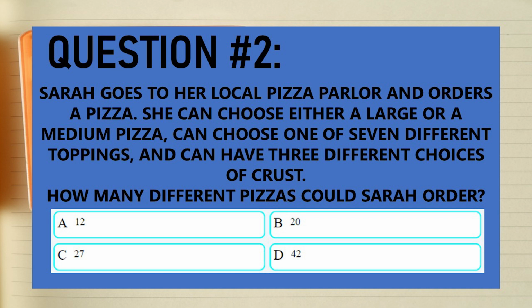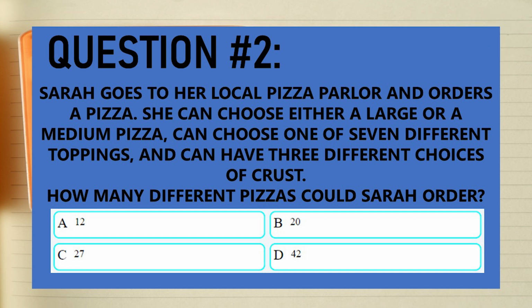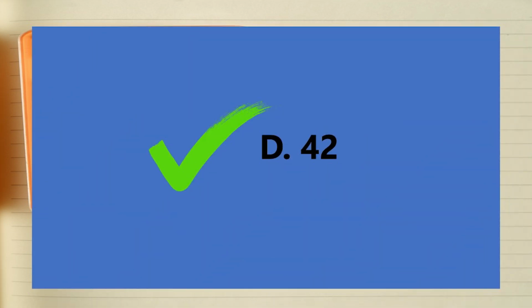Letter A, 12, letter B, 20, letter C, 27, or letter D, 42? The correct answer is letter D, 42.